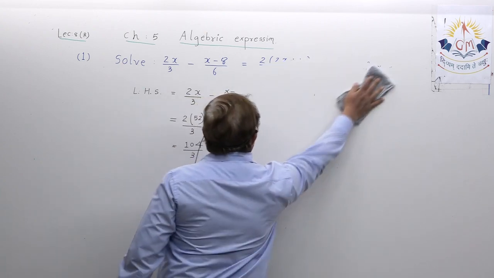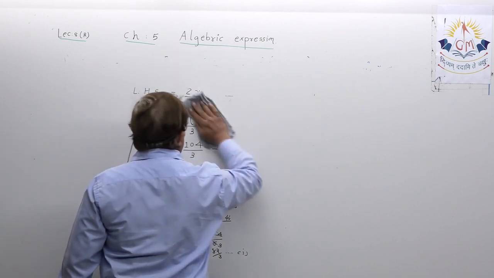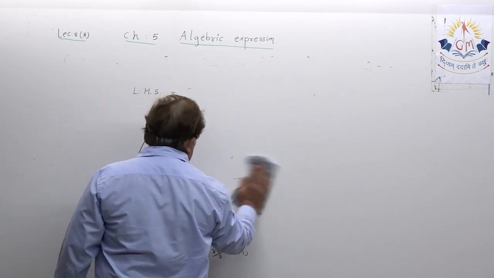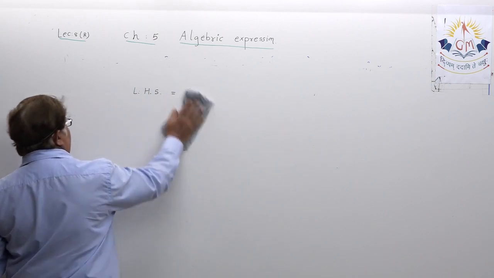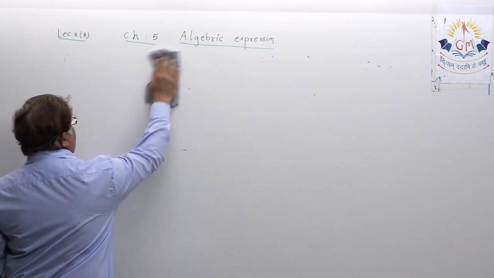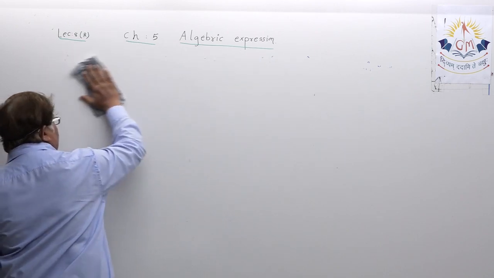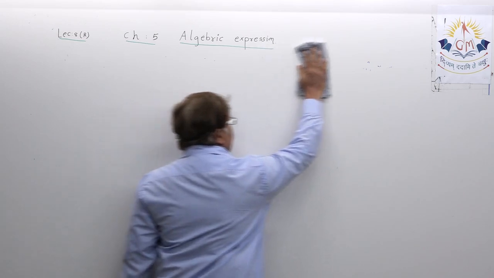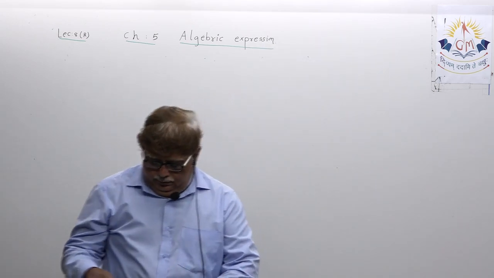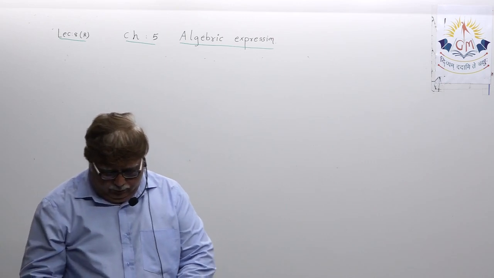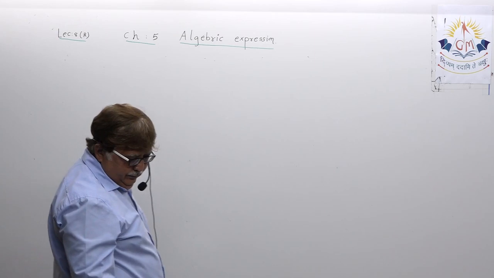Let me write the example. And in this new example, dear student, actually I am not giving the solution of this example. My target is one only, that you should understand what were your weak points in solving these equations, okay?